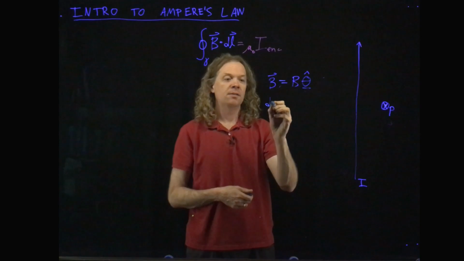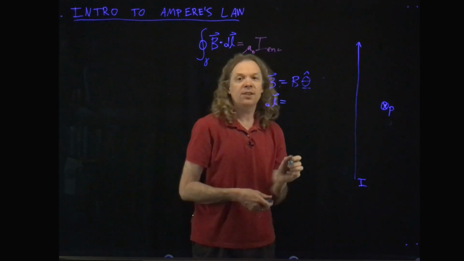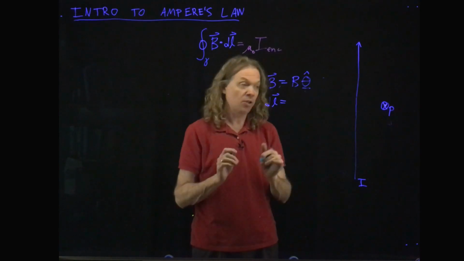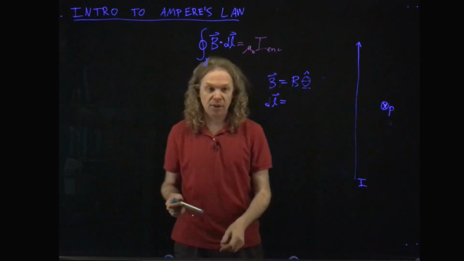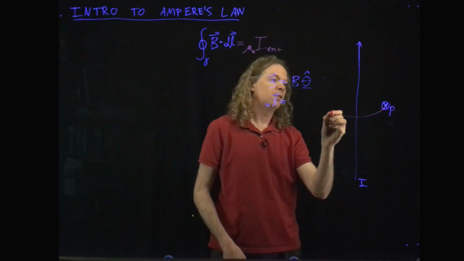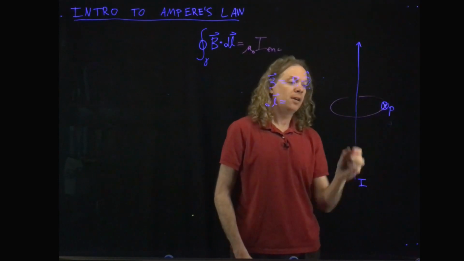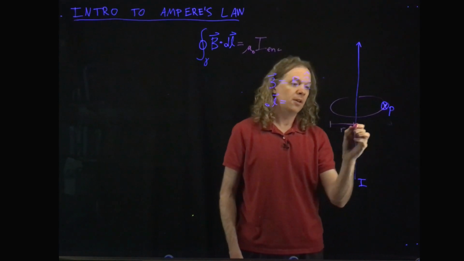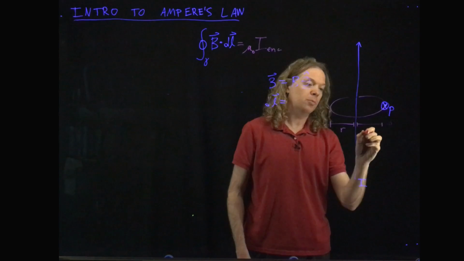Now dl. dl just has to be a generic length integration element. I am just going to integrate around the Amperian loop, which is a distance away from the wire that I'll call r, so it's a loop of radius r.